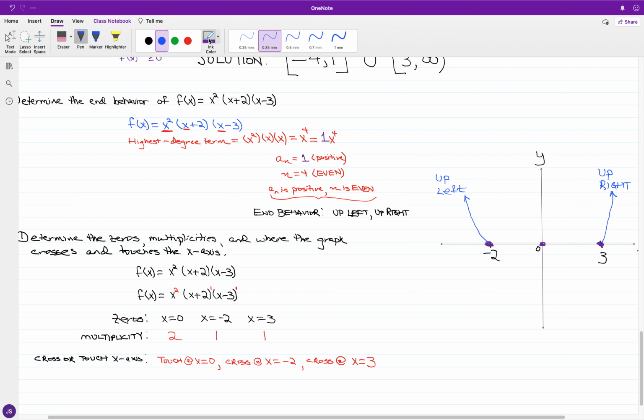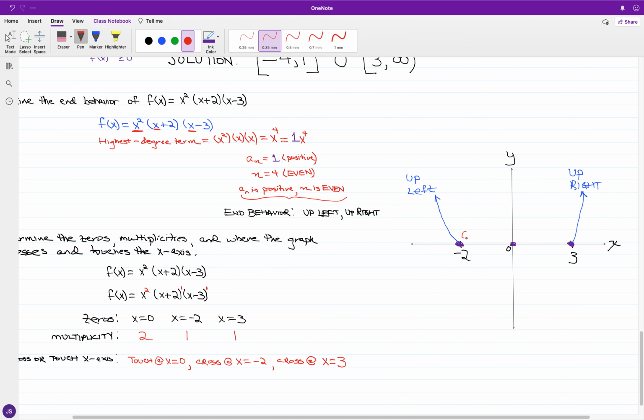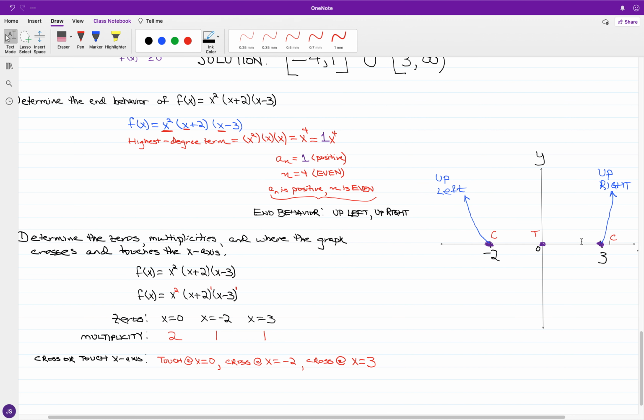And in terms of the behavior about the x-axis, you have a cross at x equal to negative 2, a touch at 0, and again a cross at x equal to 3.